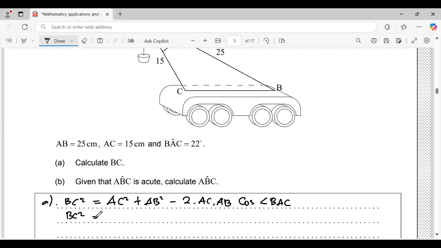So BC squared equals 15 squared plus 25 squared minus 2 times 15 times 25 cosine 22.